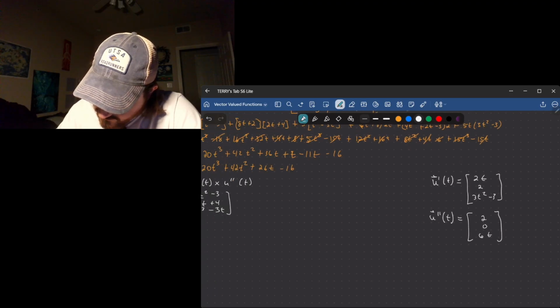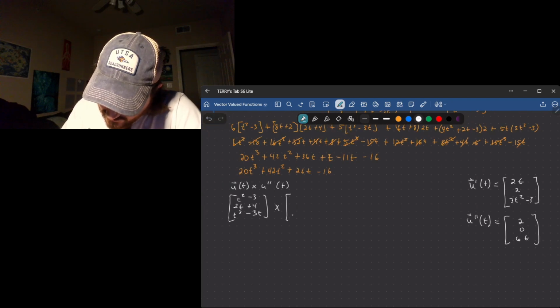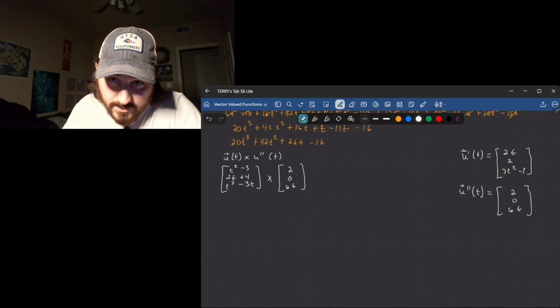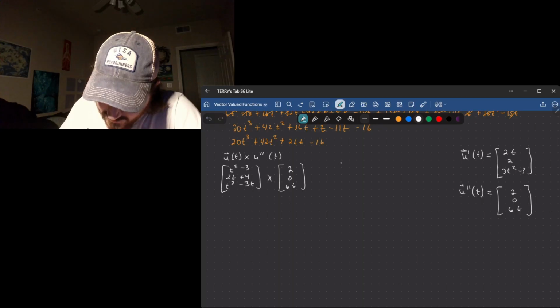Now I have the thing that we're going to do the cross of: 2, 0, and 6t. Again, you can use the formula to do the cross product, or you can just do the determinant. I personally prefer the determinant. I just think it's easier than trying to remember a formula.